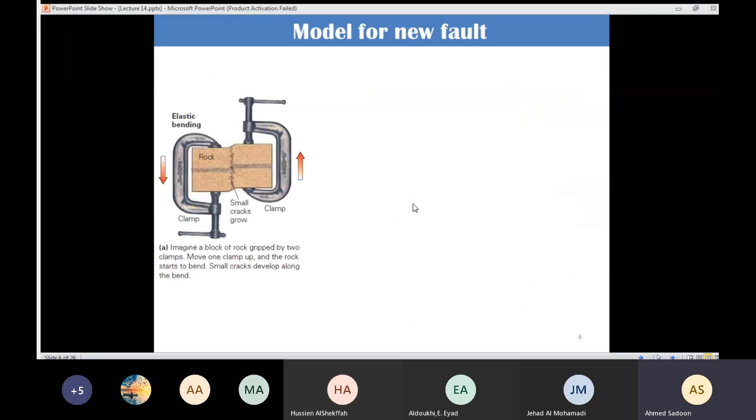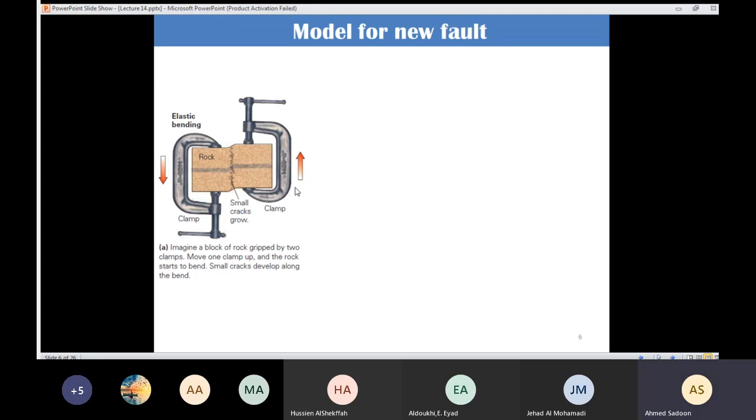Another example for that movement: if you hold a block like that, you clamp the rock in this location on the left hand side, and also clamp it on the right hand side.